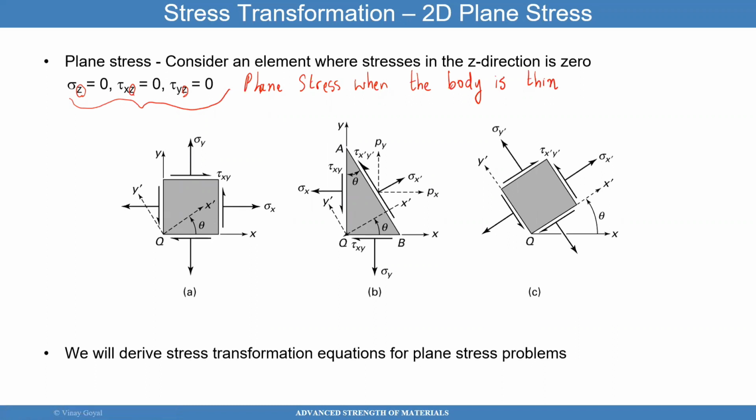So what I'm going to do is take this and look again at an inclined plane, at an angle theta. I have the new axes, x prime and y prime, at an angle theta from the x-axis. And I want to look at what is the shear stress at this orientation.